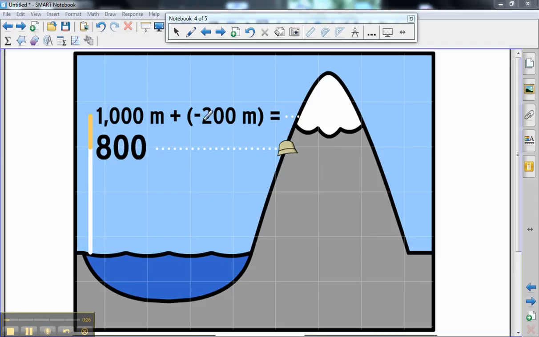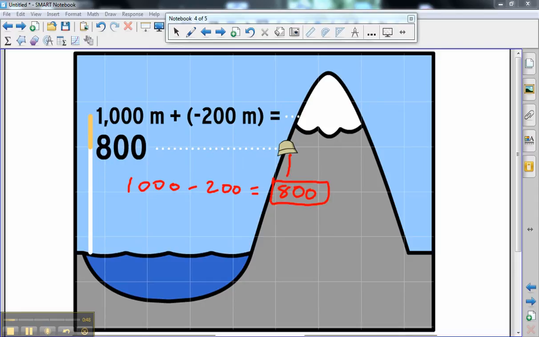Different signs subtract, we know that, so 1,000 minus 200 equals 800, and we have to keep the sign of the higher number, so the number with a higher absolute value is 1,000 and it's positive, so the answer is positive 800.